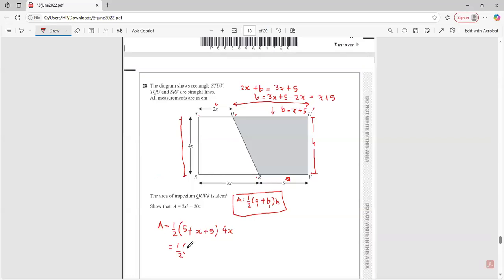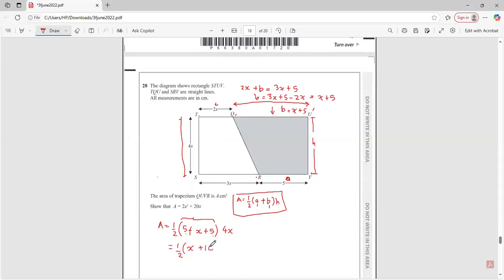A is 5. Okay, so yes, but look at this 5 and this 5. They are free to interact, isn't it? So that would be x plus 10, right? Yes, so that's x plus 10.